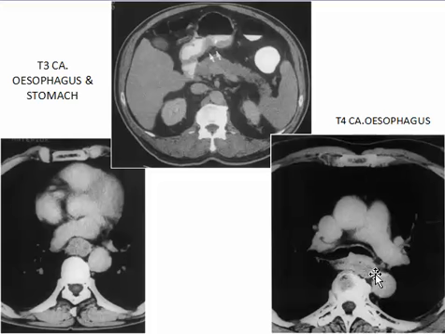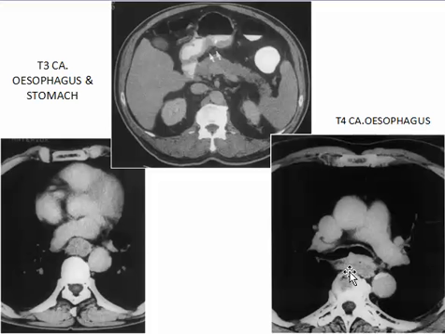Now here, this is not only esophagus, the esophagus is also invading the bronchus. So here we have invasion of the nearby structure.